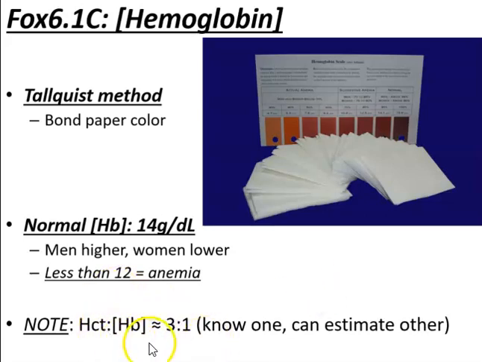So, for example, if we know that hemoglobin has a concentration of 12, we can estimate if we multiply 12 by 3 that the hematocrit would be 36. So this is a really good ratio to know, especially when you're trying to get an idea of hematocrit percentage as well as hemoglobin concentration.